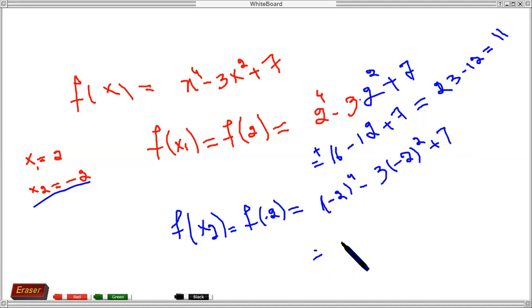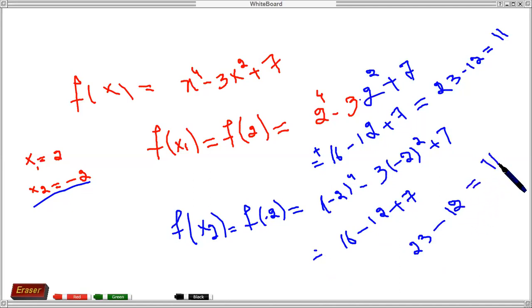Minus 2 power 4 again equals plus 16. Minus 2 square is 4, multiplied with 3 equals 12, and then plus 7. Again if you simplify, this will be 23 minus 12 equals 11.